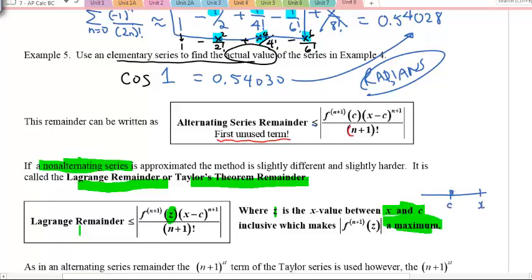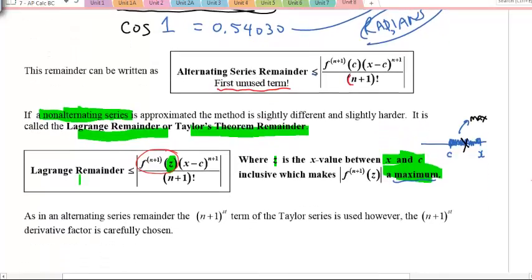We have to look at every single value between, including c and x, and see which one of these x values gives you the largest y value, the maximum. So you're going to hopefully find in here some sort of value that gives you the max, and that's what we use for our coefficient calculation. Everything else is the same.